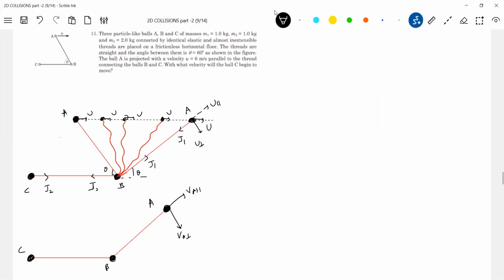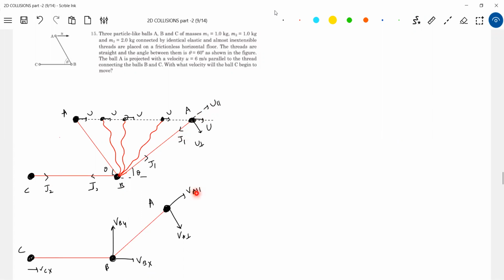For B you have to show VB parallel, I think, VBX, VBY. C will have only VCX. Sir, why will C move only along X? Look at the impulse acting on C towards the right. So VCX. For A, U parallel will change because of J1.